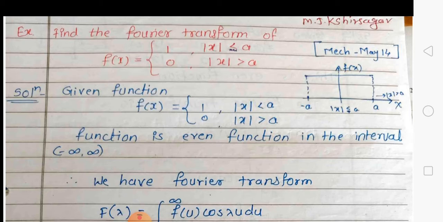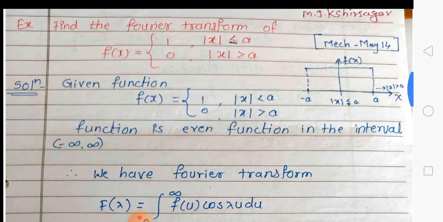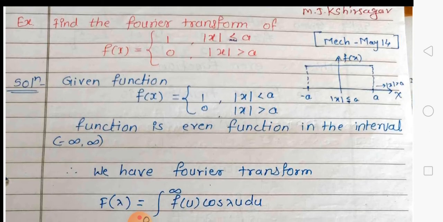Here the value of mod of minus x is again mod x. That is, if we find the value of f of minus x, then again we get the same function. Therefore, the given function is even function in the interval minus infinity to infinity.